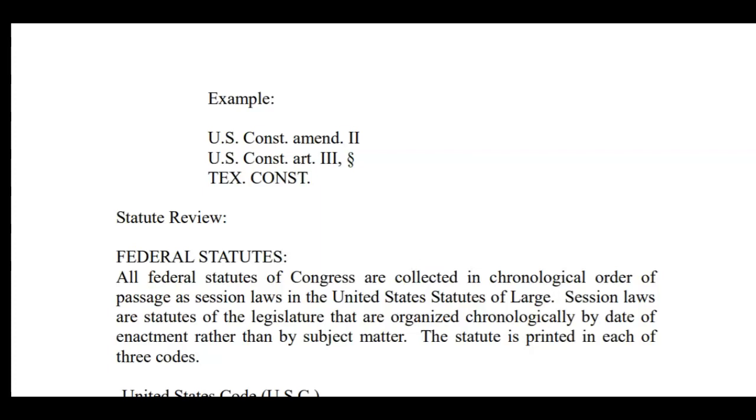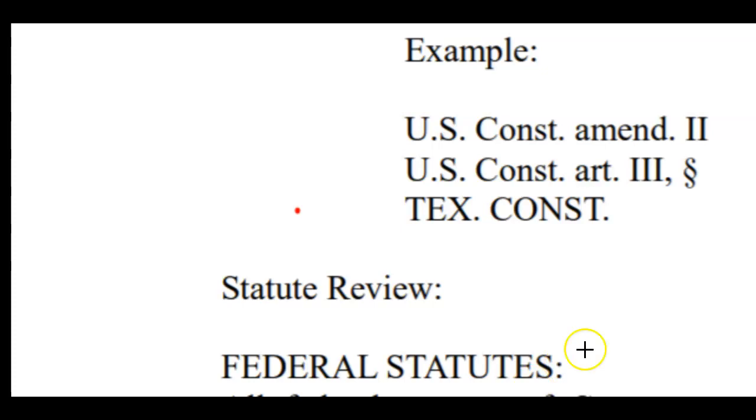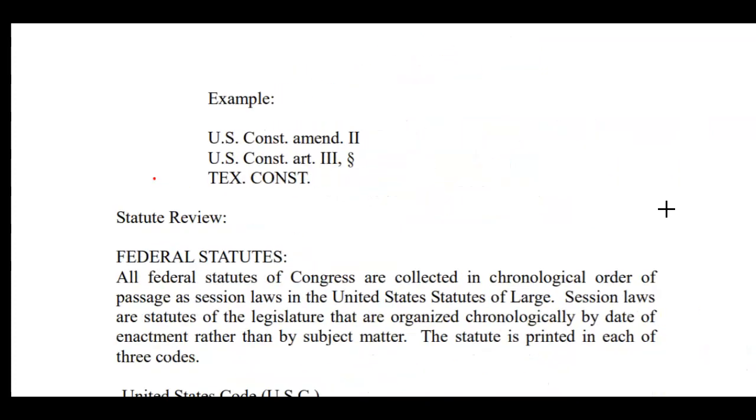You have a comma that separates successive subparts. If you have an article, an amendment, and clauses, and a section, you want to separate all those with, again, a comma. Nothing has to be italicized or underlined. No date is required unless the citation is to a provision or version of the Constitution that's no longer in effect. So like I told you, it's easy.